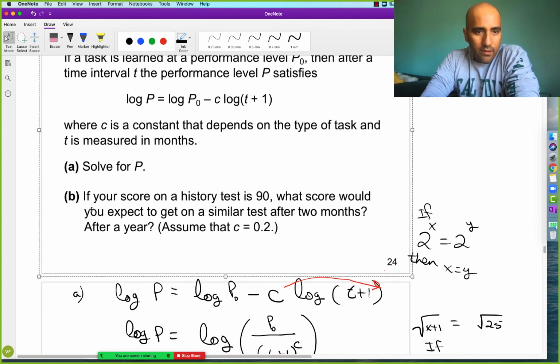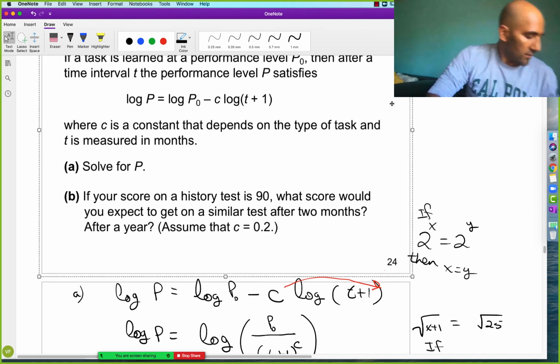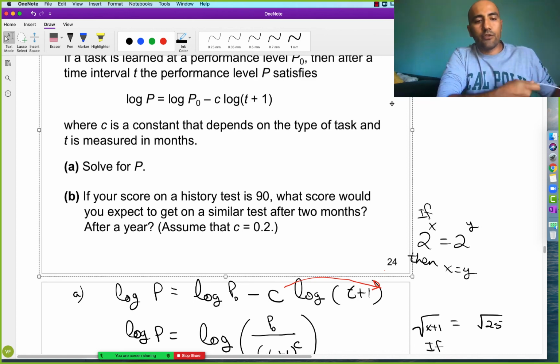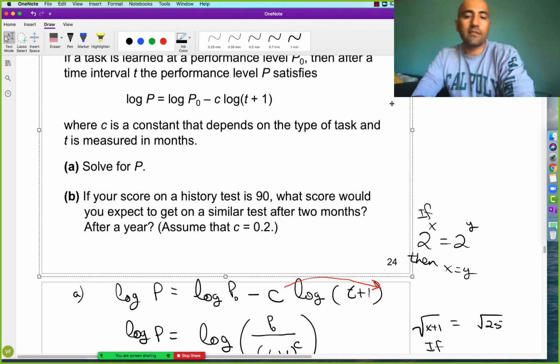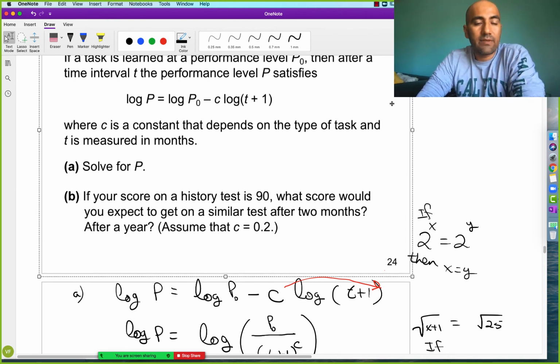If your score on a history exam is a 90, so that's your initial level of performance on this history test, that would be P naught. So we're saying P naught equals 90. What score would you expect to get on a similar test after 2 months and then maybe after a year, assuming that the constant value for this type of task is 0.2?